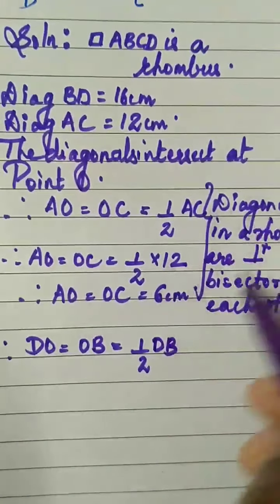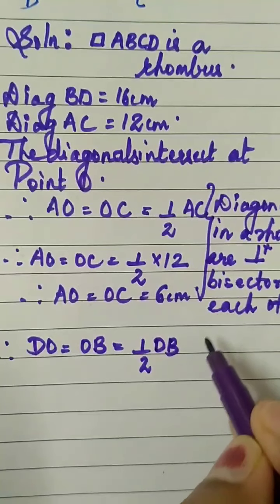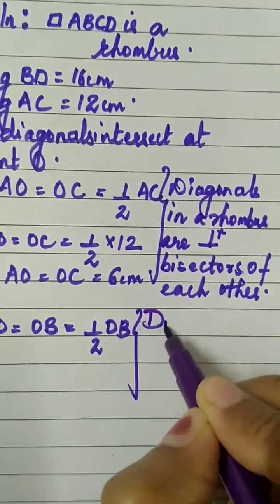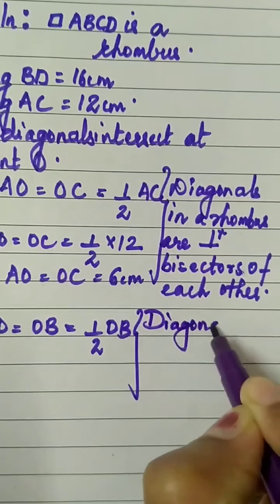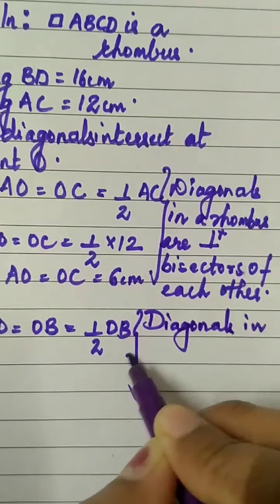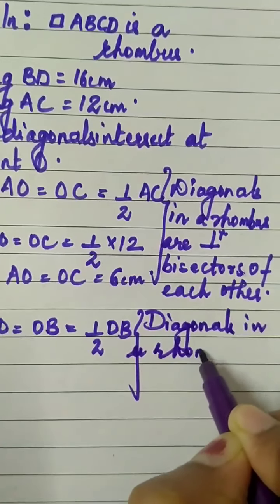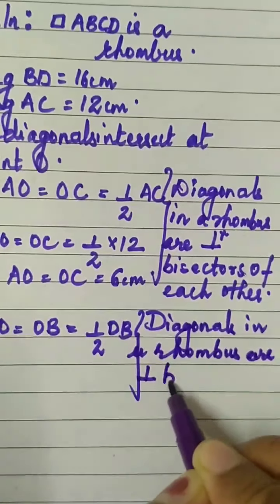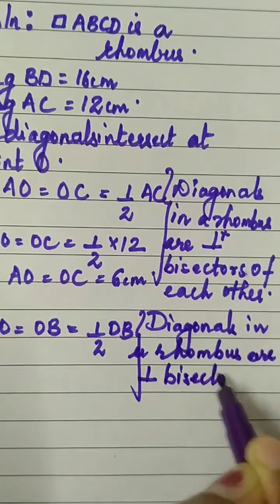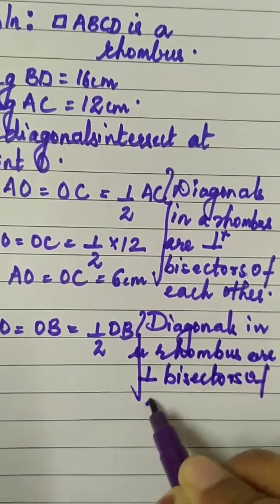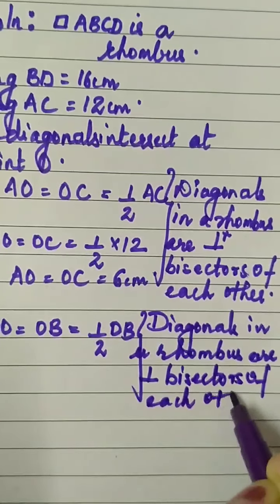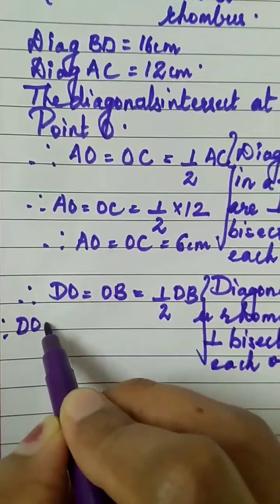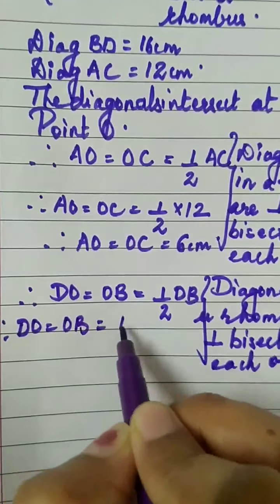You have to specify the reason. Okay. Then again you can write the reason. Same reason, write it. Diagonals in a rhombus are perpendicular bisectors of each other. So DO is equal to OB is equal to half of DB.